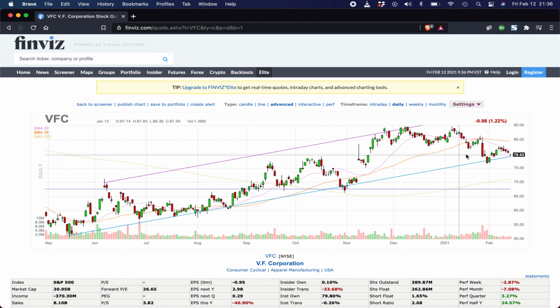The reason why I want to go long is the stock is in an uptrend, so I would consider going long once it hits the trend line support. Now you can keep the stop loss at say maybe a few points below this support line. I would say somewhere around $75 could be a good stop loss here for this particular stock.